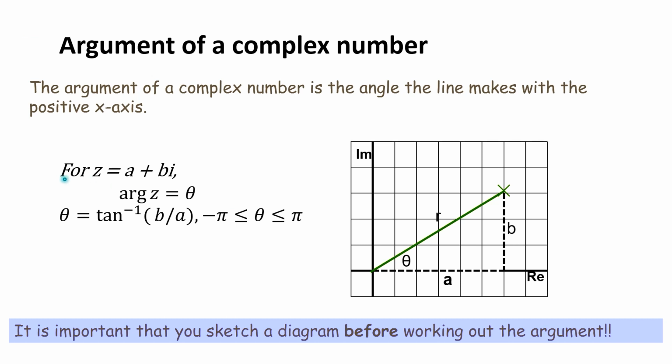For any complex number z equals a plus bi, the argument of z is given by theta, and this theta is equal to tan inverse of b over a, where the value of theta lies between minus pi and pi. It is important that you sketch a diagram before working out the argument.